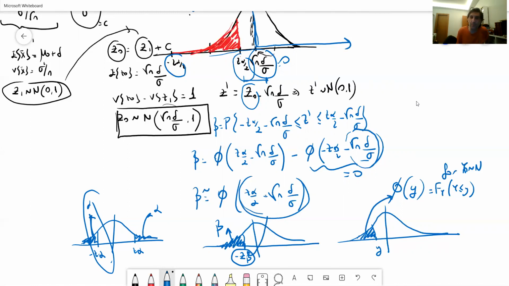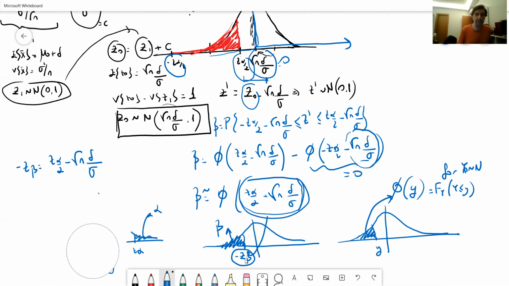Therefore, this term inside the cumulative distribution function is going to be equal to minus z beta. So minus z beta is going to be equal to z alpha over 2 minus square root of n, I'm sorry, delta over standard deviation. Let me get rid of this one. Now what I'm going to do is leave n on one side and put all the rest of the terms on the other side.